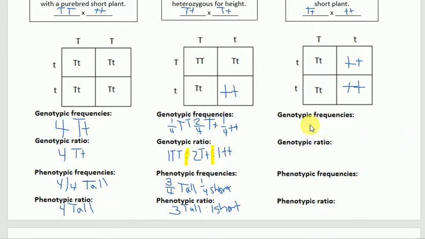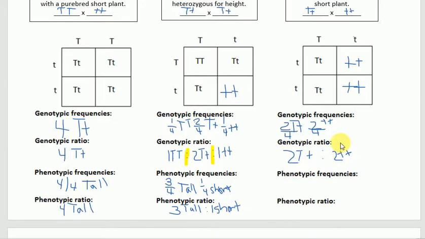Okay, so what you should have come up with is 2 big T, little t, and 2 little t, little t. Or you could do 2 out of 4 on those. On our ratio, should be 2 big T, little t to 2 little t, little t.